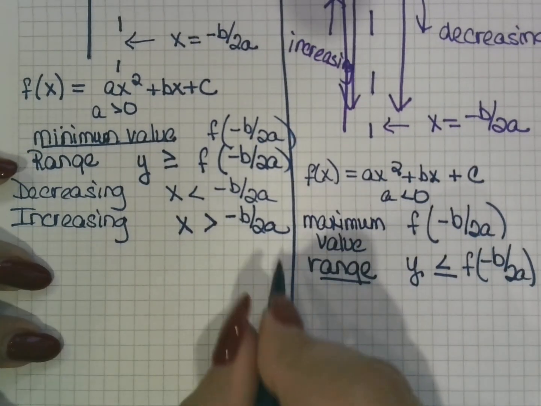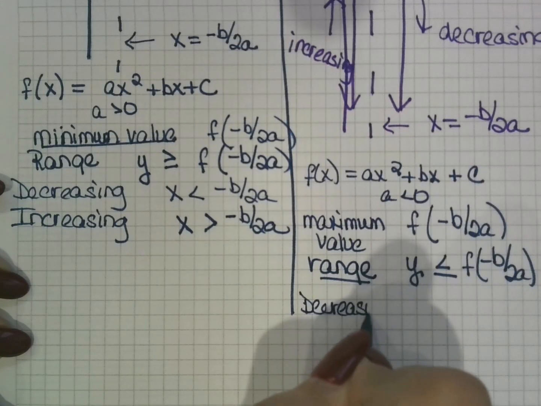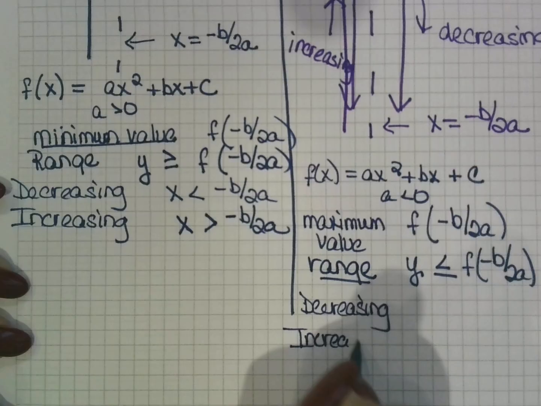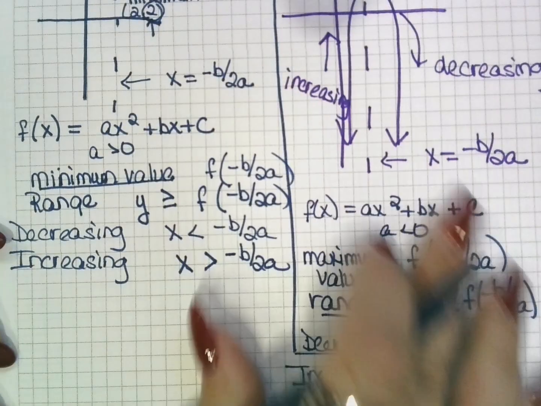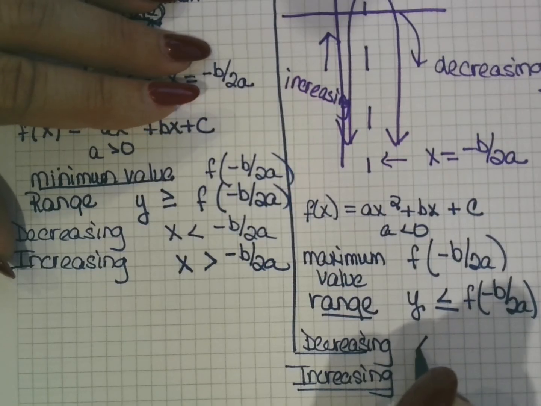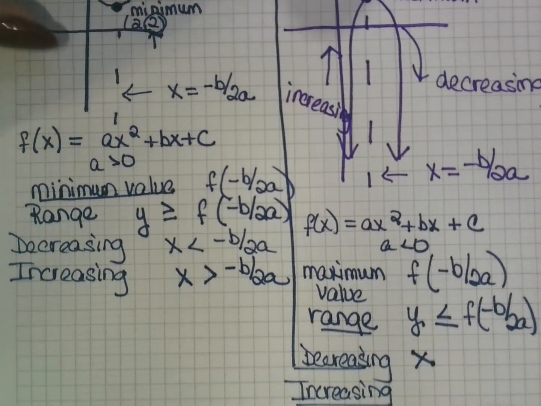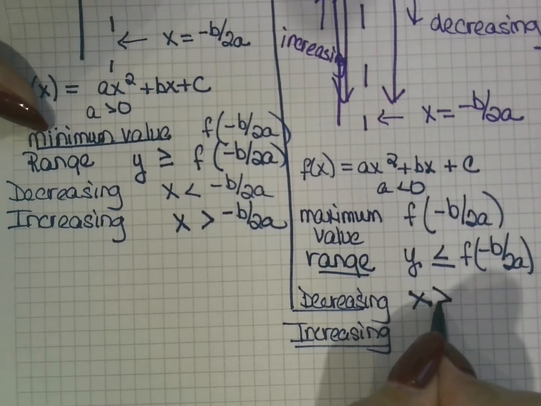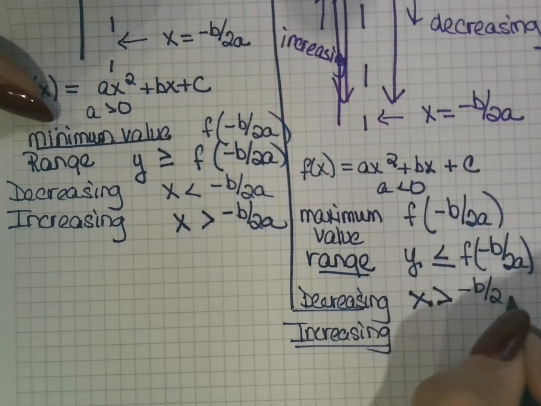And finally, your decreasing and increasing. It's decreasing when x is greater than negative b over 2a.